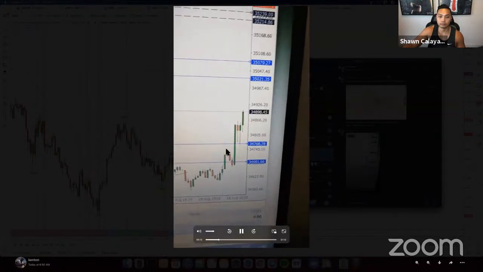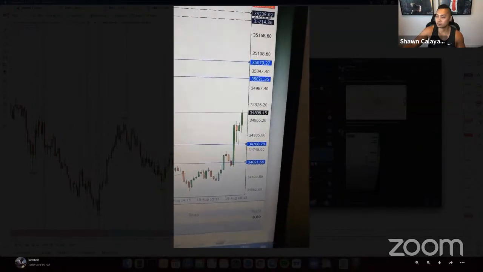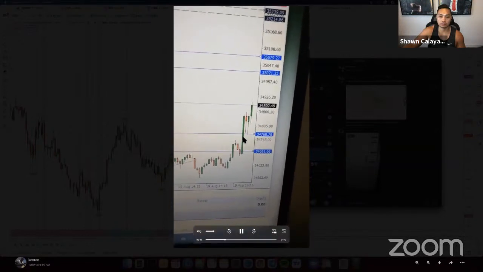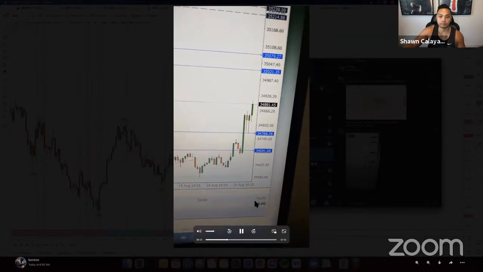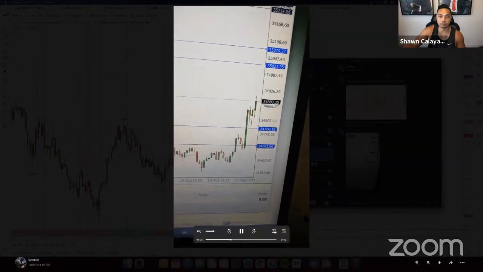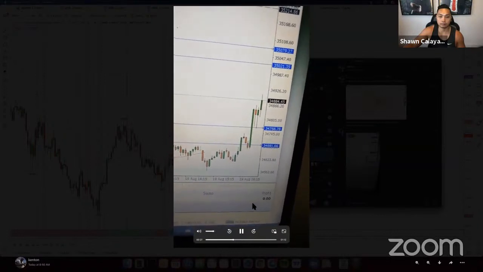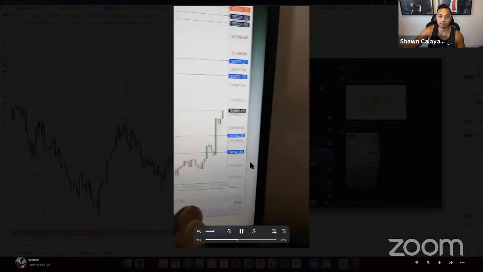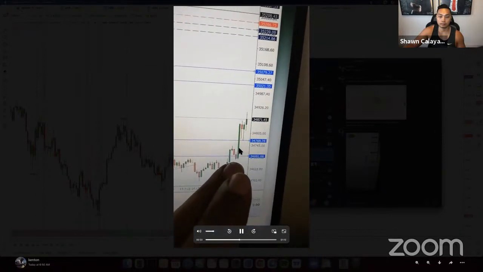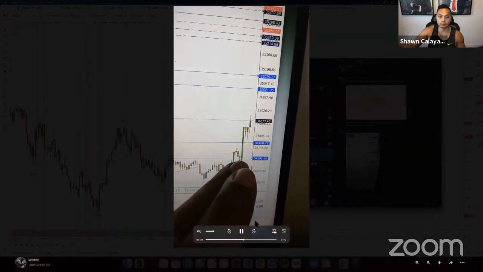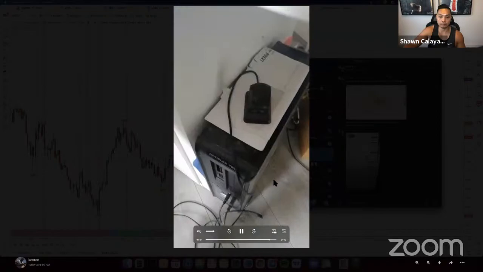I took my Asia low when the UK Open starts, not the German, not the European, the UK Open. I think that's where you're getting these different lines from. But as you can see, it's actually perfect.